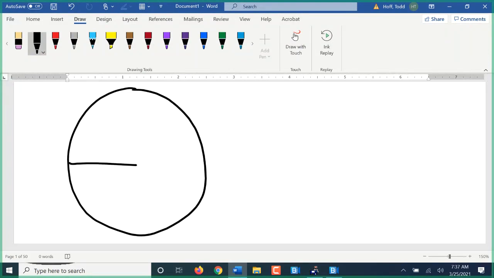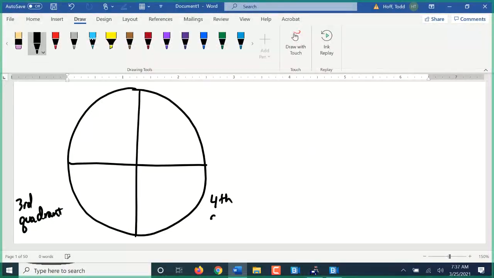Now, if we keep going into the third and fourth quadrant, we can have a 30-degree reference angle here, and we can have a 30-degree reference angle here.